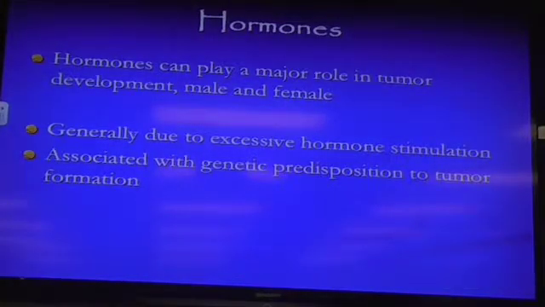Okay, hormones can play a major role in tumor development. We talked about one tumor that is associated with excess androgen production. And what tumor was that? The tumor usually associated with excessive androgen production in male dogs.